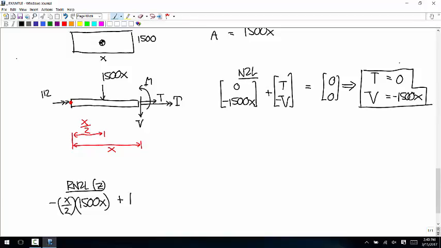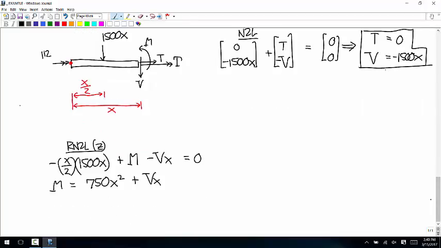For the internal loads, we have plus M minus Vx equals 0. And so M is equal to positive 750x squared plus Vx. And so M is equal to 750x squared minus 1500x squared, so that's negative 750x squared.